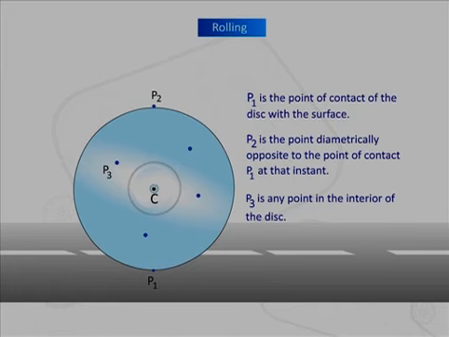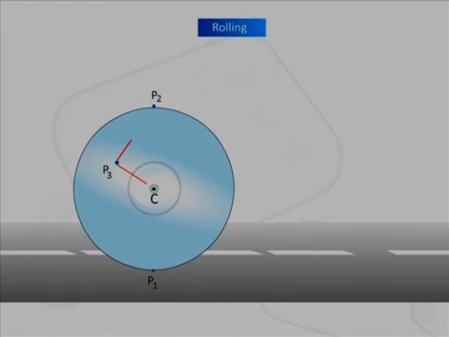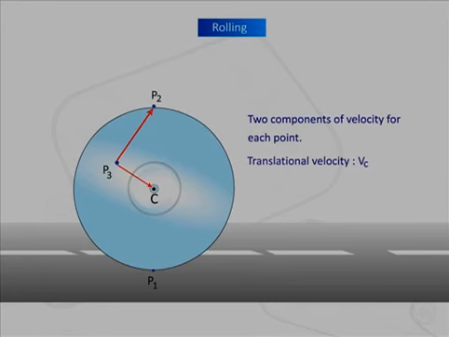P3 is any point in the interior of the disc. Now each of these points on the disc has two components of velocity. One is the translational velocity Vc and the other is the linear velocity Vr due to the rotation of the disc.